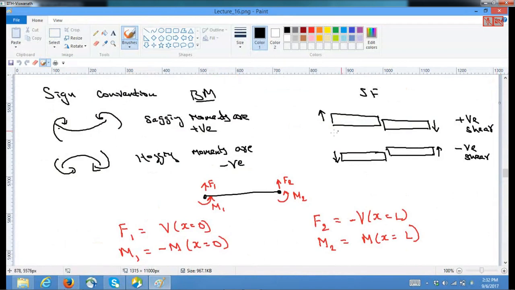This is the positive convention we have taken: sagging moments are positive and hogging moments are negative. That means this one is the positive shear force as it is. This one is minus m, because this is the positive sign, and the other one is the negative. Similarly, and so forth. I will just invoke the same sign convention at this place.